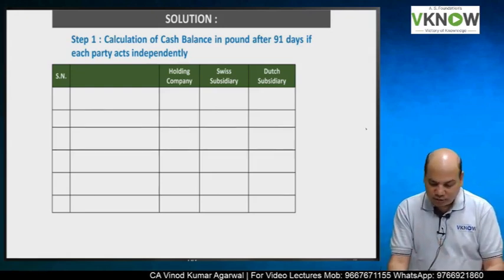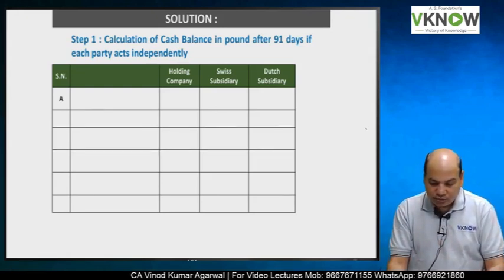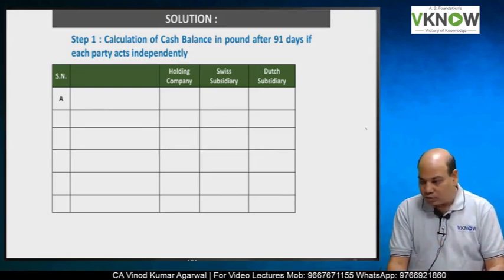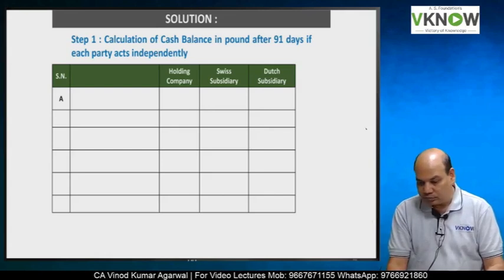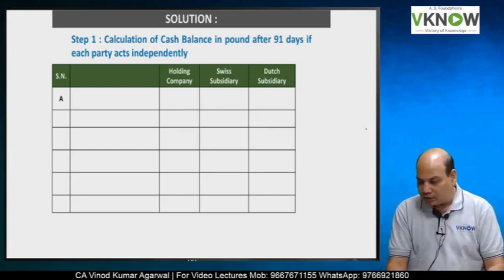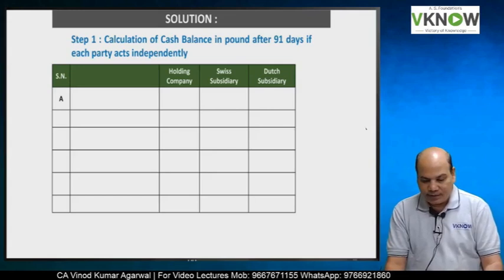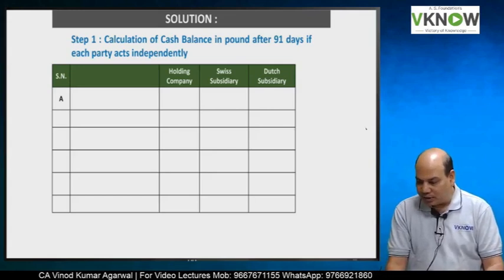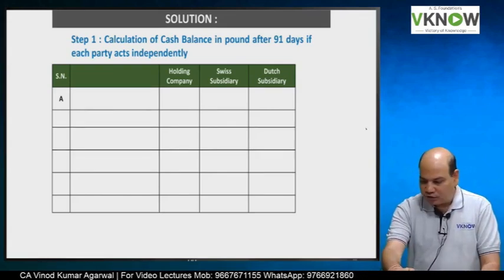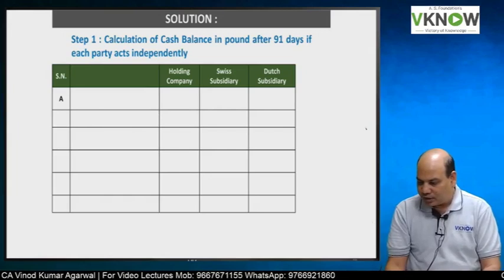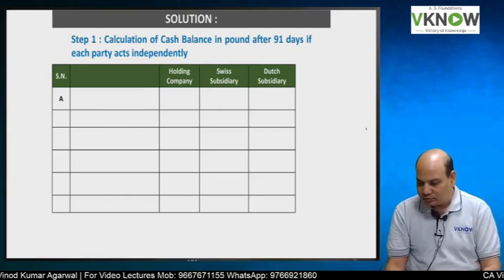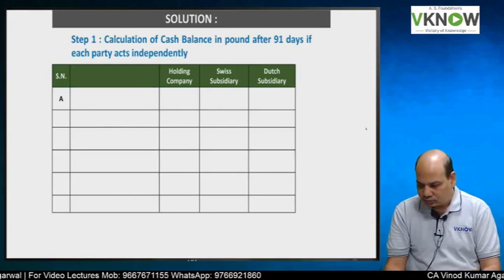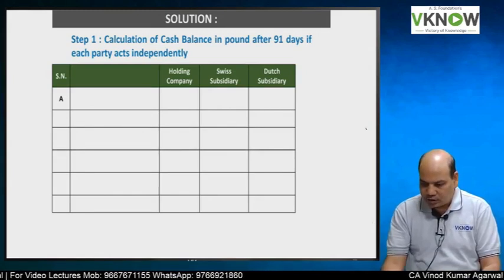So start writing, please. First write down calculation of cash balance in pound after 91 days if each party acts independently.